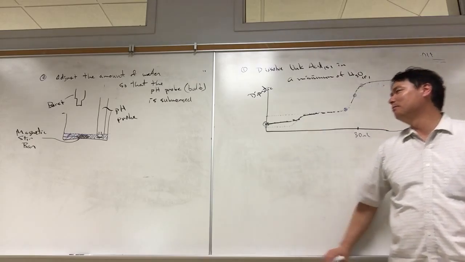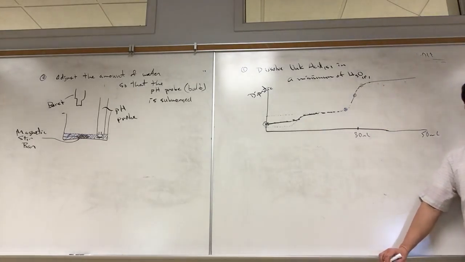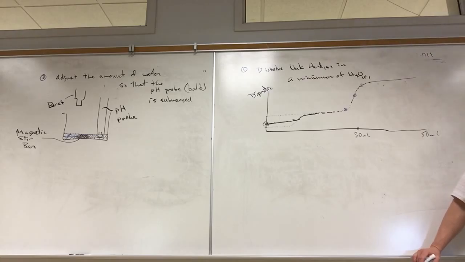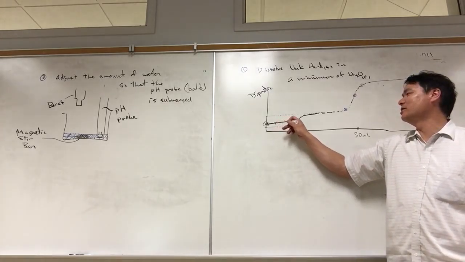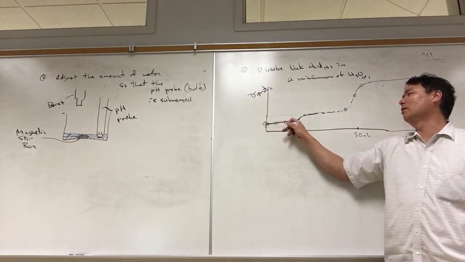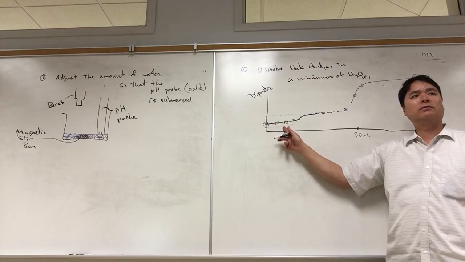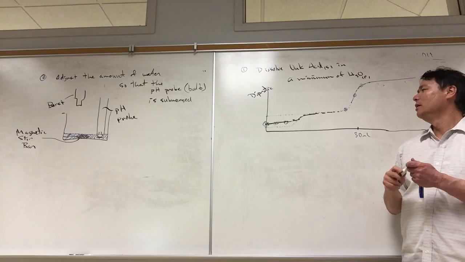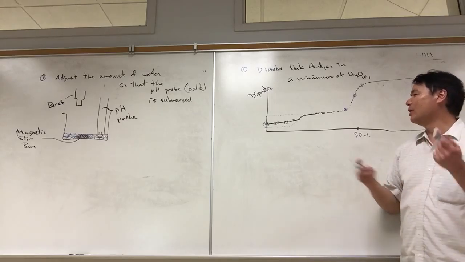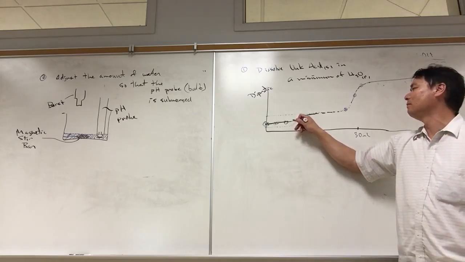No, impossible. There's no way we can do this drop by drop. And so the compromise is we're going to take large intervals here, like a milliliter or half a milliliter. And then when we get close to the equivalence points, we're going to go drop by drop.